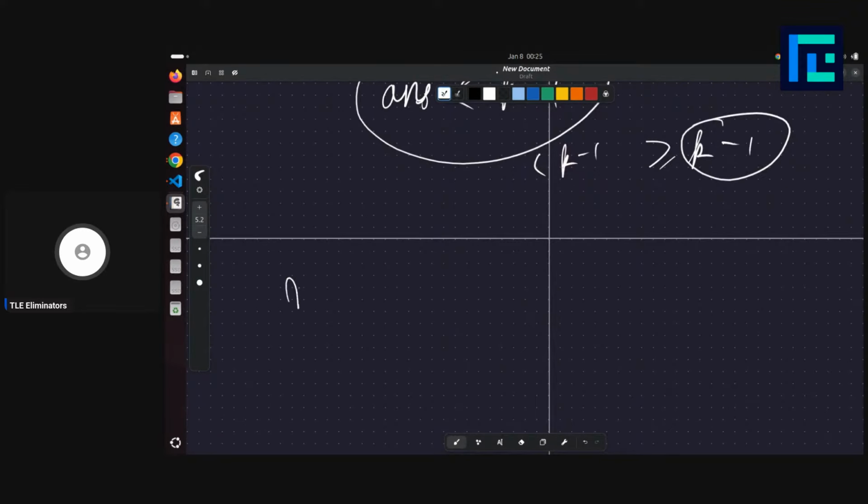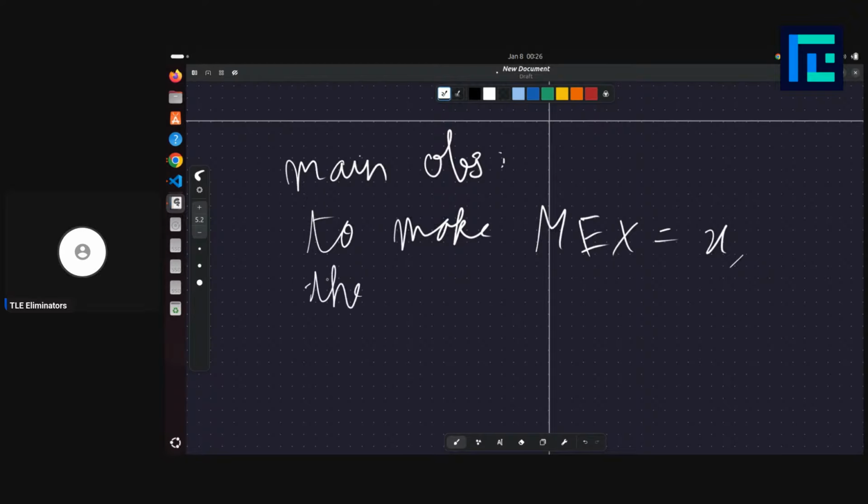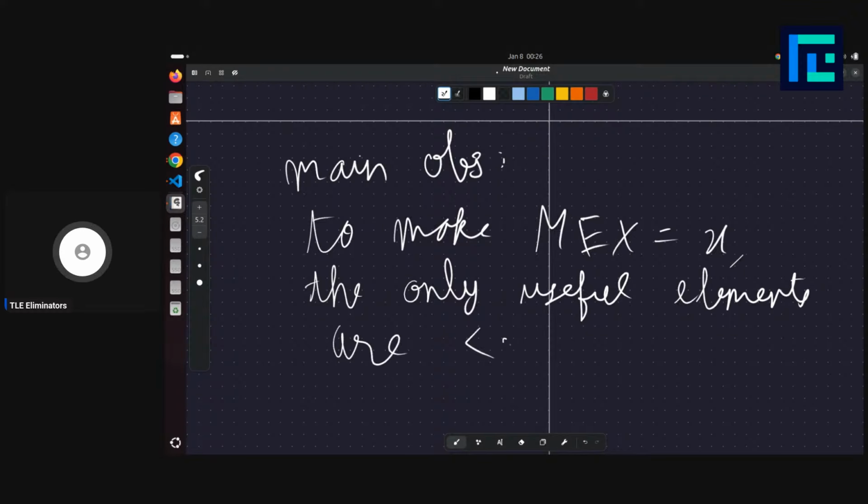The main observation here is that to make the max equal to x, the only useful elements are less than x, right?